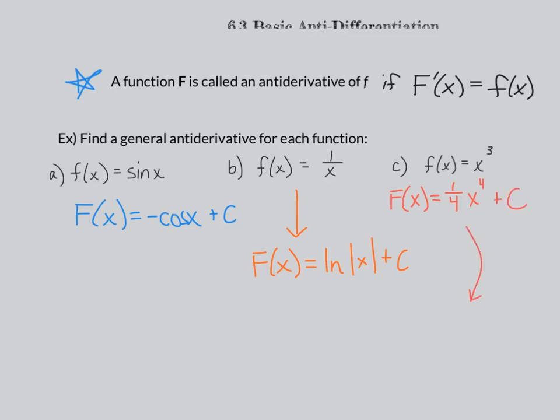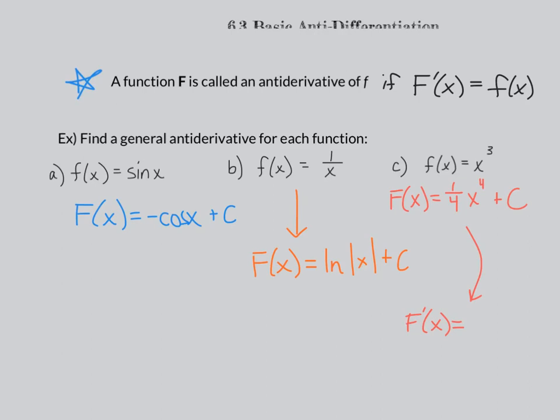Let's test this out to make sure it works. How do I test to make sure my antiderivative was done correctly? I take the derivative. If we were to take the derivative of this, I have to use the power rule. So I'd take the 4, multiply it by the 1/4 out front.